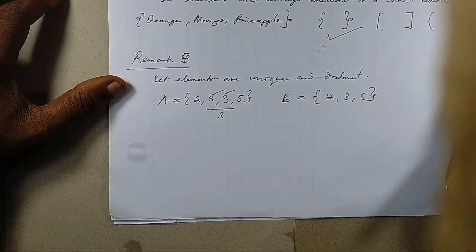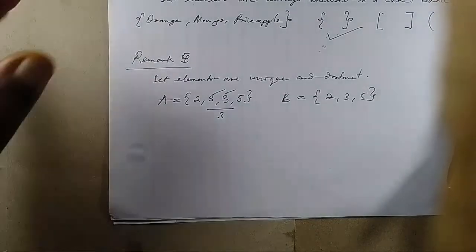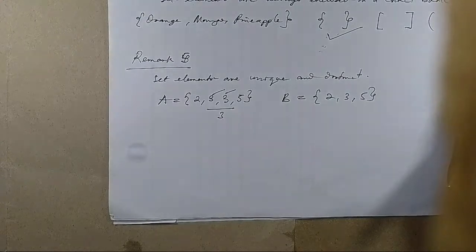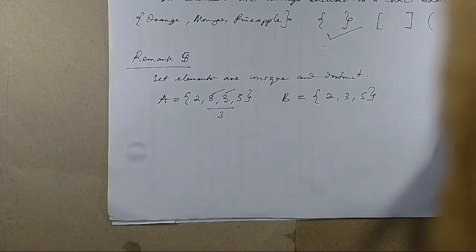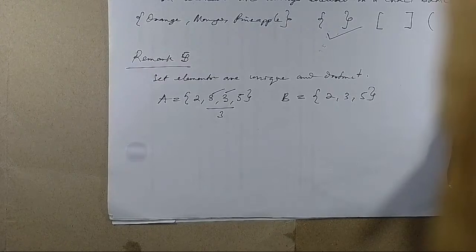So set elements are unique and distinct. I repeat, set elements are unique and distinct implies that the number of times a particular element reoccurs in a set does not matter. Even if a particular element in a set repeats itself 50 times, it will be counted as 1. So please take note of that.